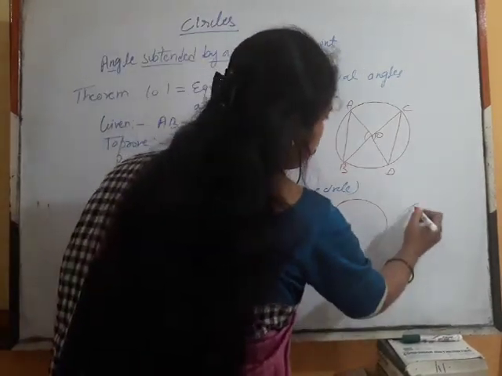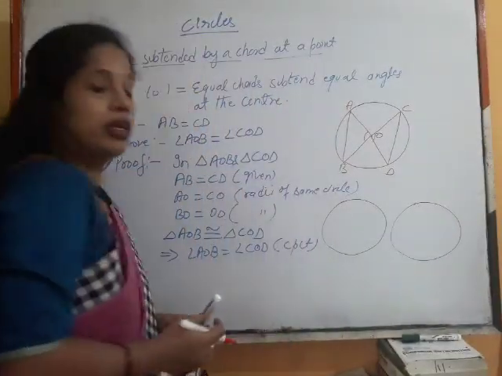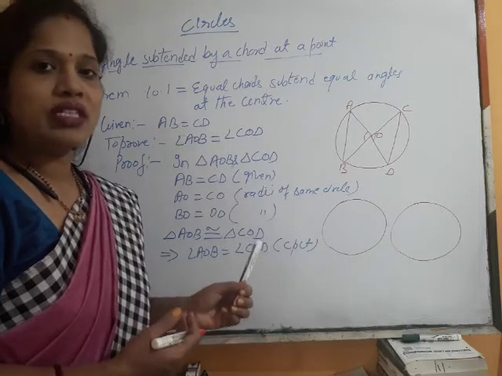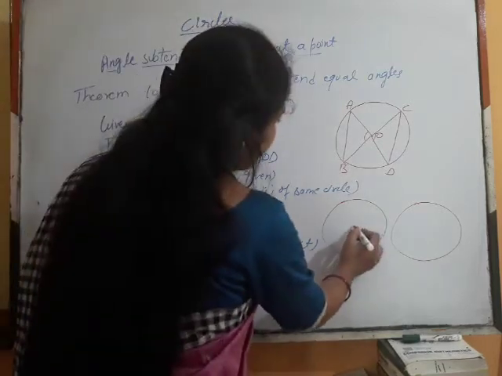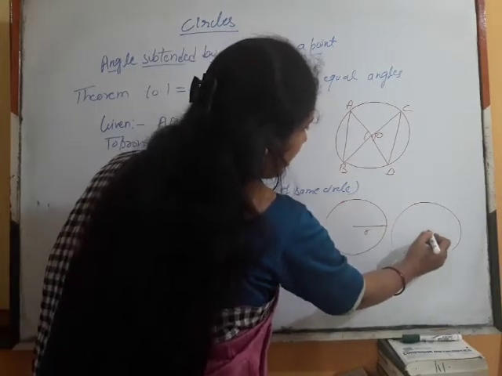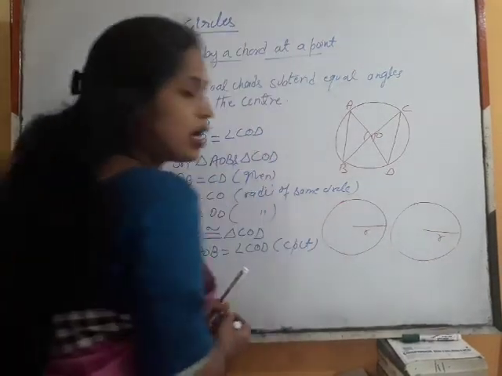Okay, so the same thing can be taken when we have two congruent circles. Congruent circles means the circles having the same radii. Suppose this is of radius r, and this circle is also of radius r.